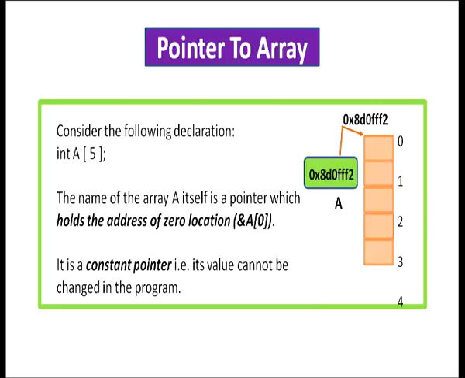The name of the array is always a pointer and it holds the starting address of the array, that is the address of the 0th location and its very first element, that is a[0] in this case. Another point to remember is that a pointer to an array is always a constant pointer, that is, its value cannot be changed in the program.